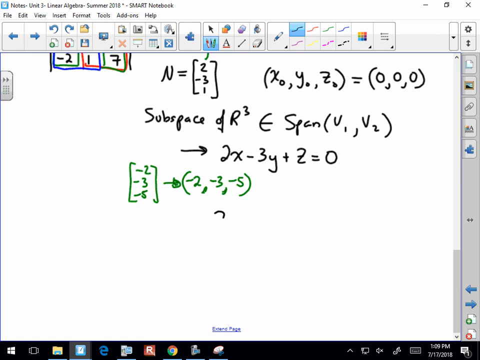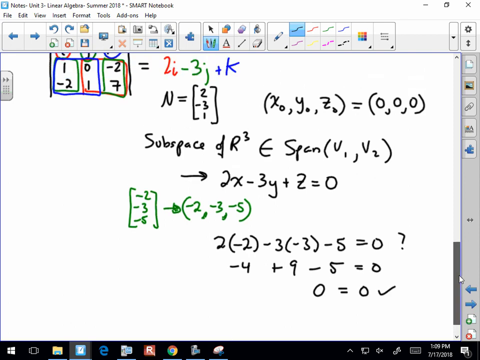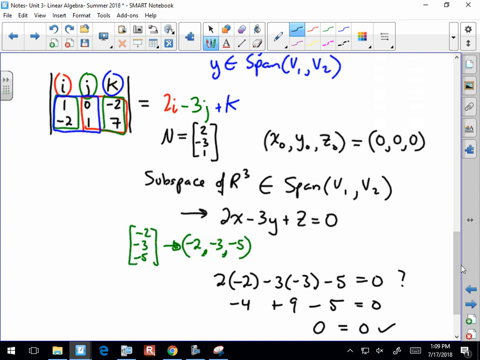And so we can do a quick check. So negative 4 plus 9 minus 5, 0 equals 0. So it checks. So a little extension stuff there, but something to do.